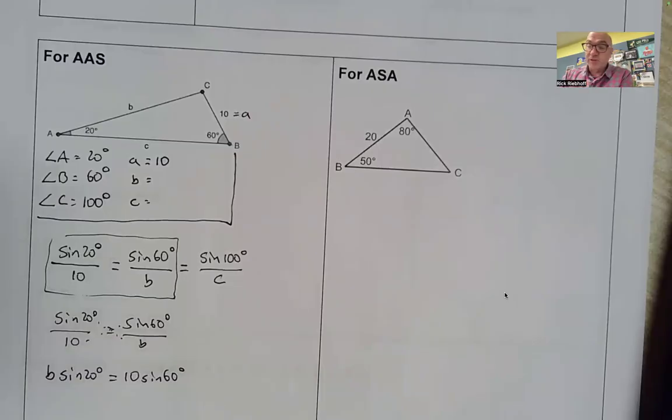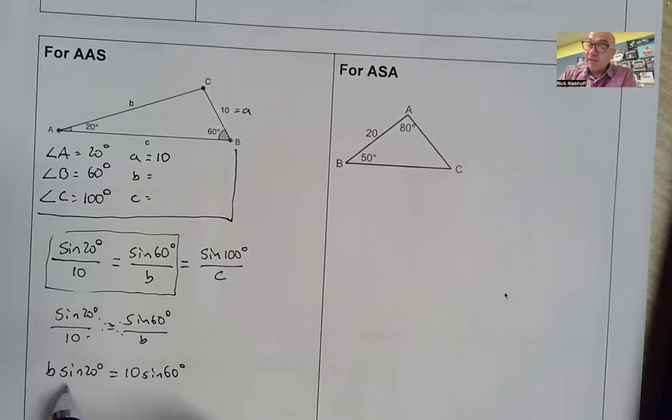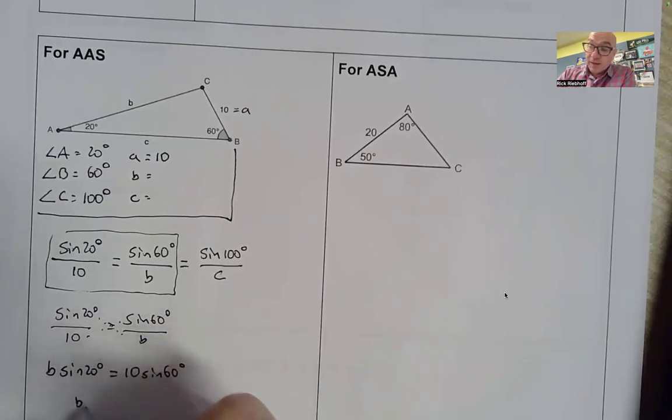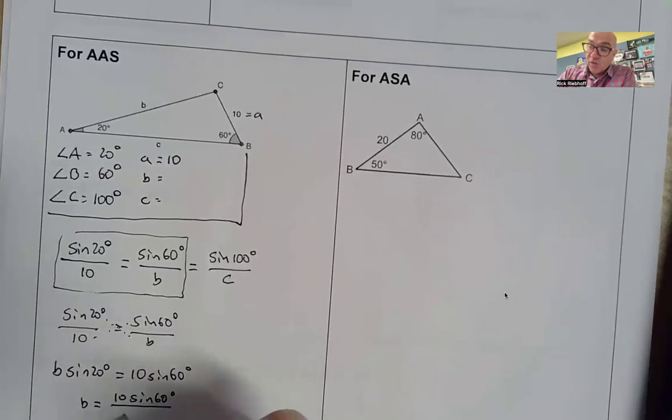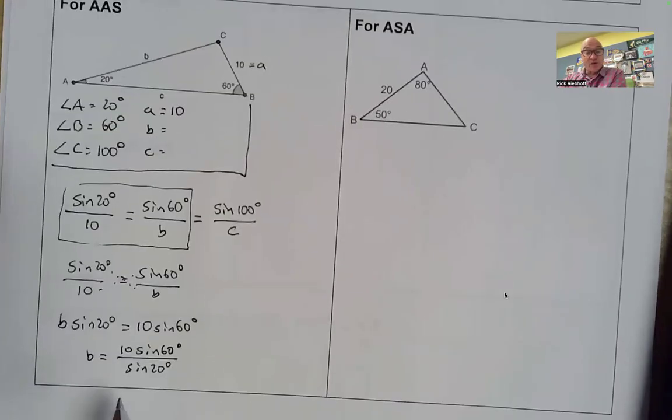Cool. So there's my first step. Second thing I need to do is divide both sides by sine of 20 degrees. So I'm going to get B is equal to 10 sine 60 degrees over sine of 20 degrees. And now I have solved for side B.